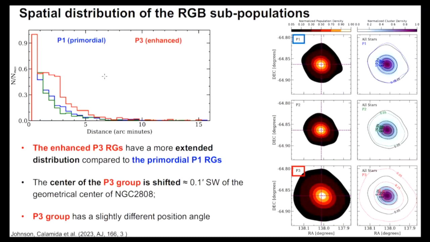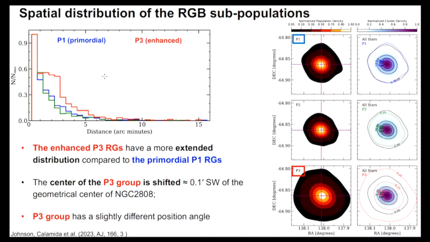And then we were able to study the spatial distribution of all the populations. As you can see from the histogram up here, the enhanced population is more centrally concentrated, as is usually expected in globular clusters and was observed in other clusters. But then it has a more extended distribution because all the other studies were mostly based only on HST or VLT data, so they were focused on the center of the cluster, and they didn't have the big picture for the entire extent of the cluster, which is up to 15 arc minutes, like you see in this plot.